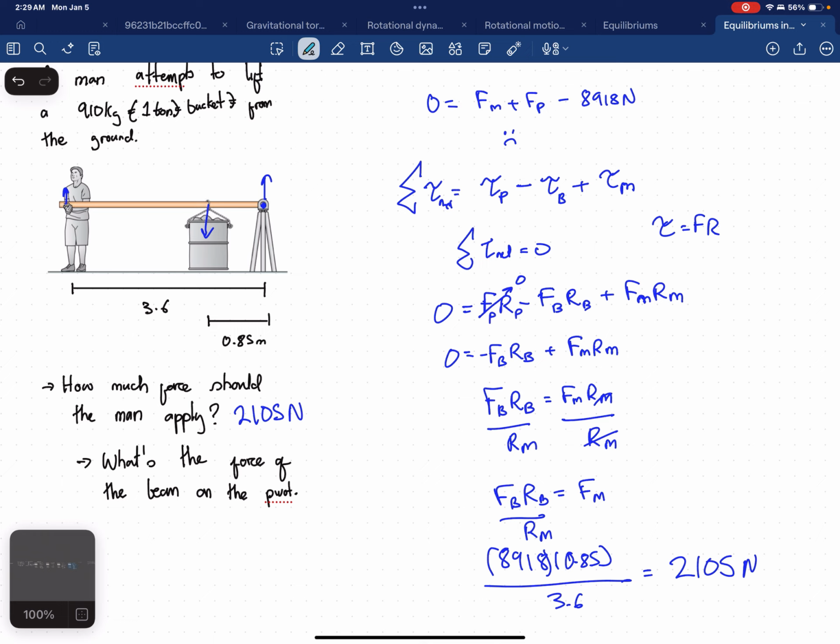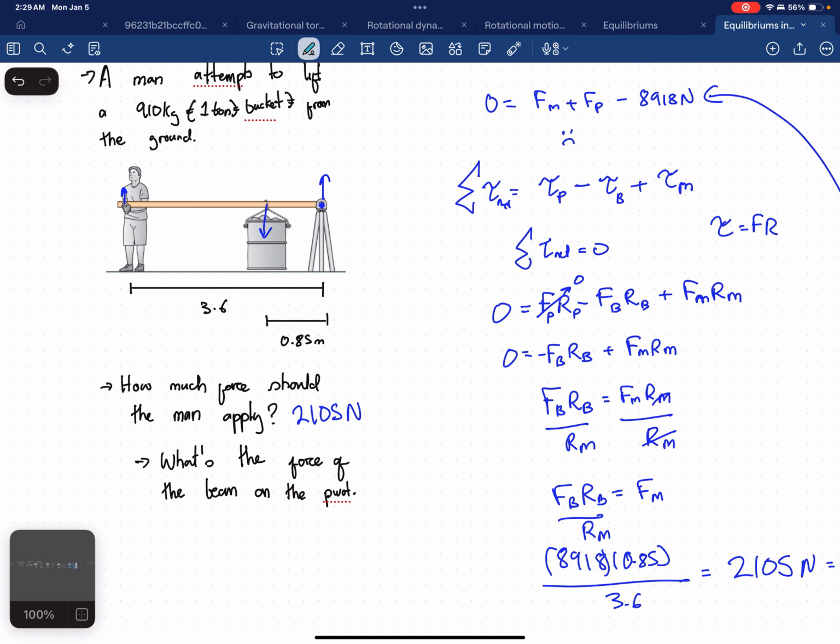But now we still have a question to answer. What's the force of the beam on the pivot? Well, we now know what F of M is, so we can plug this back into that equation and solve for F of P. I'm just going to rewrite that equation down here.